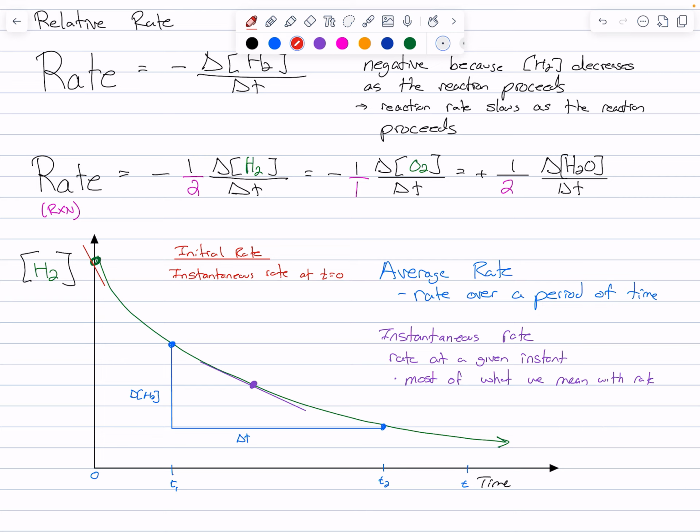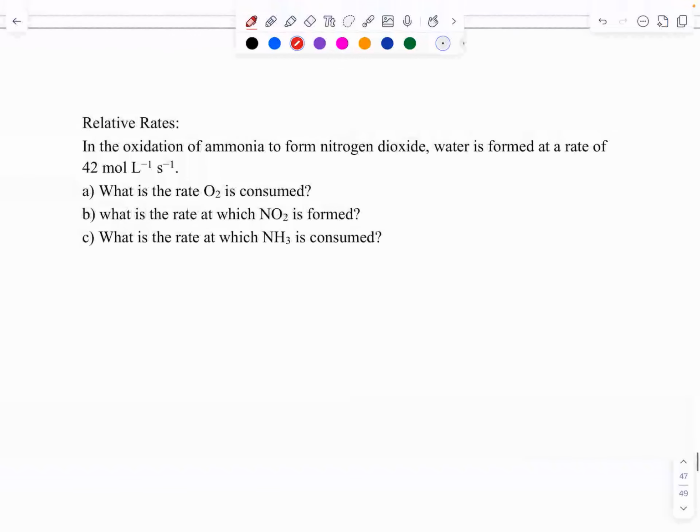So let's dive into an example. Skip down to relative rates. It says the oxidation of ammonia to form nitrogen dioxide, water is formed at a rate of 42 moles per liter per second. And you got 3 questions. My recommendation for these types of problems, always, is to write out the balanced chemical equation.